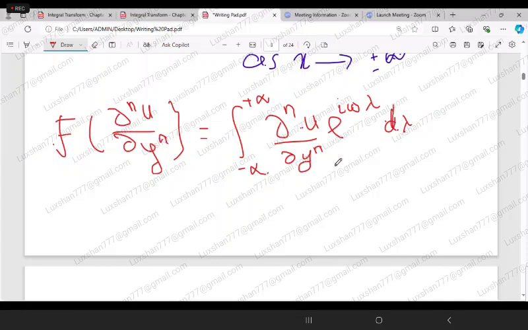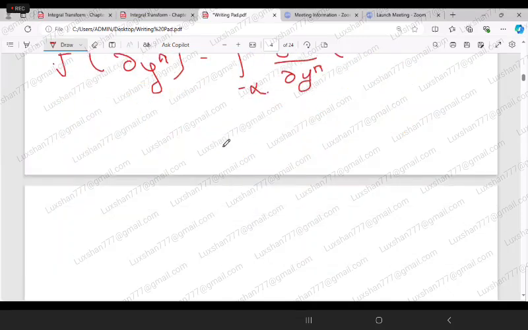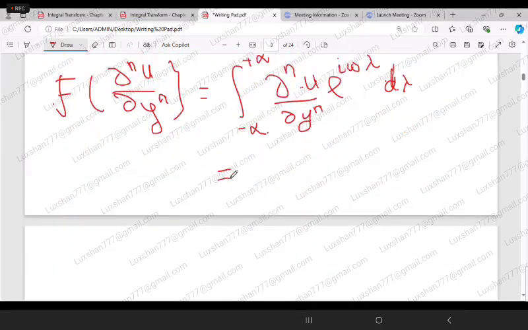Because our transform variable is x, but here we have the derivative with respect to y, and the integration is with respect to λ, so you can take this derivative operator out.